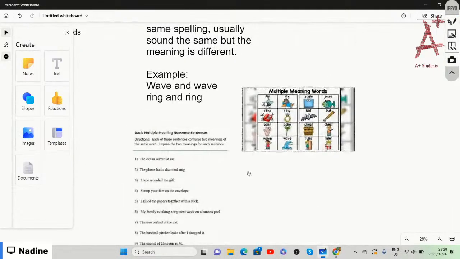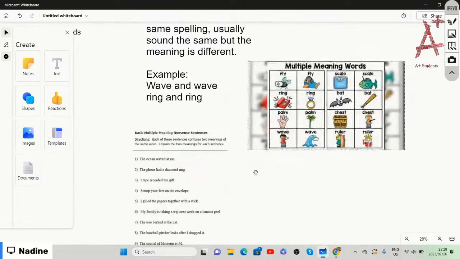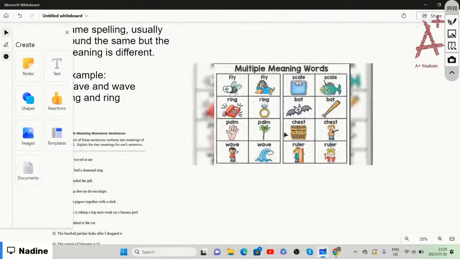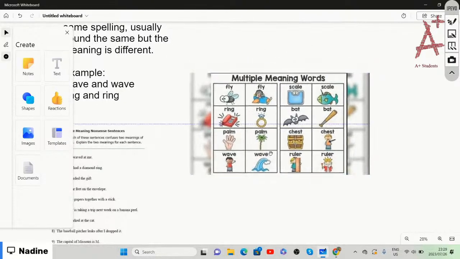Before we go on to our test, if we look at this picture, here we also have a few pictures with one word, different meanings, like fly, scale, bat, ring, and palm: the palm of our hand, and a palm tree.